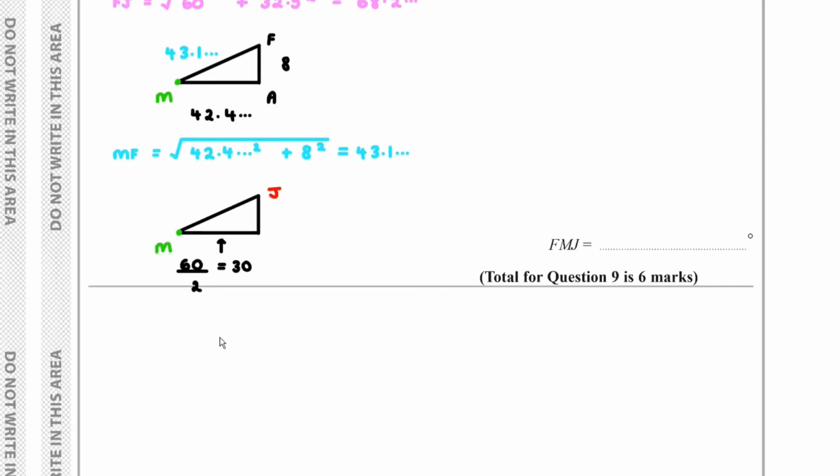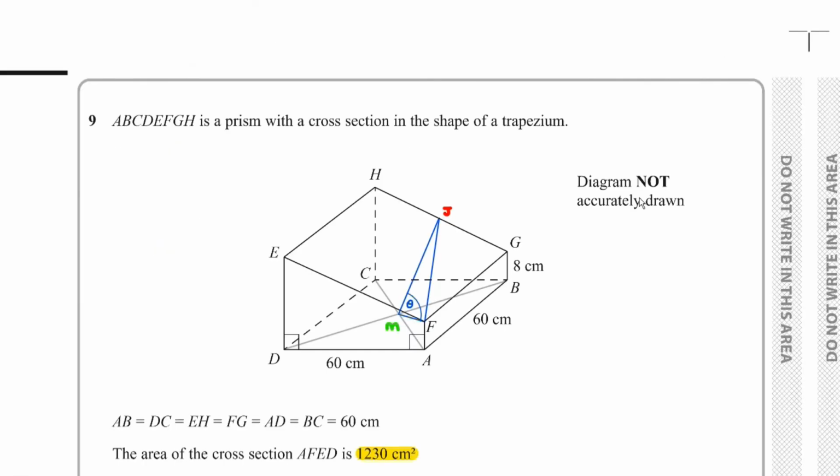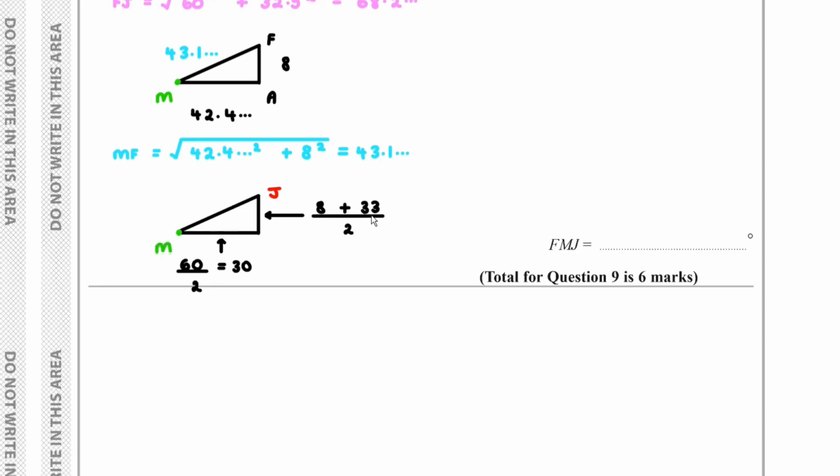So we have 60 over 2, which is 30. And for this length, how much do we go up by? Well, that's the average of this bit and this bit. So we have 8 plus 33 over 2, which is 20.5. Meaning, MJ, that's the square root of 30 squared plus 20.5 squared, square rooted, which is 36.3, etc.